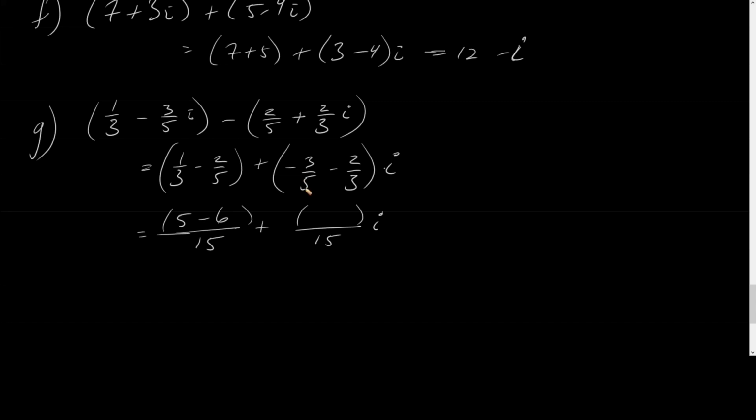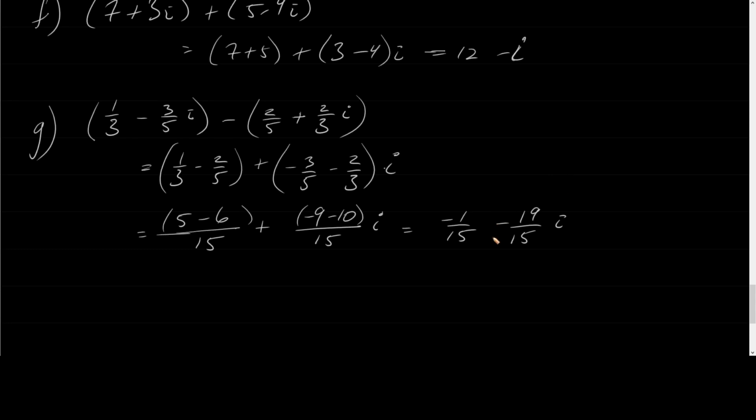And what we get now is 5 minus 6 is negative 1, so negative 1/15. And then negative 9 minus 10 is negative 19 over 15 i. You could think of this as a plus negative 19 over 15, but then plus a negative is just negative. All right, so there we go.